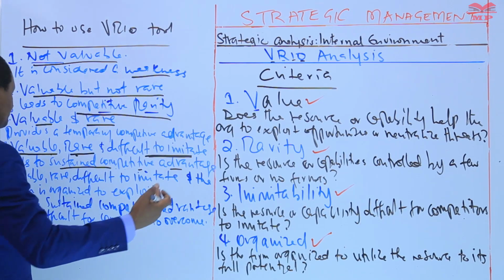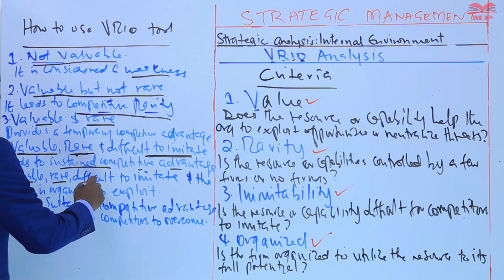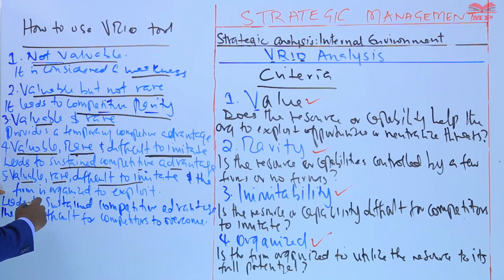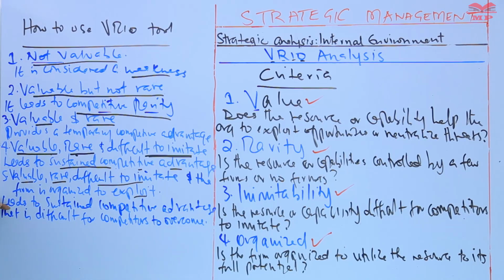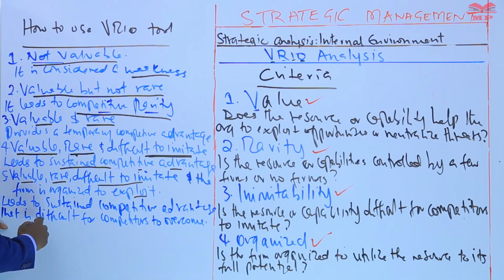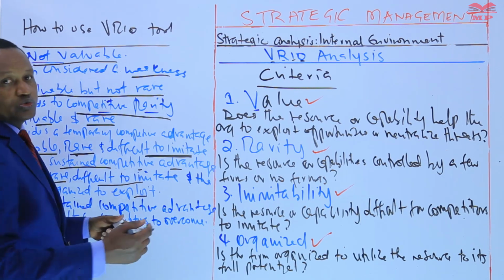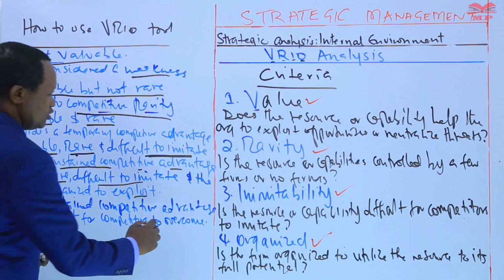But in number 5, a resource may be valuable, rare, difficult to imitate, and the firm may organize it to exploit its potential. Such a resource leads to sustained competitive advantage that is difficult for competitors to overcome.